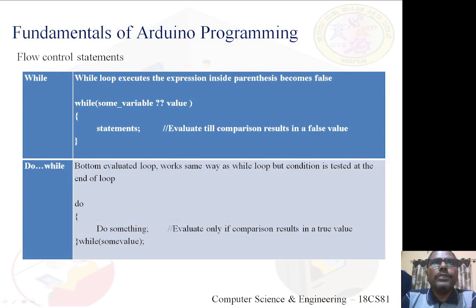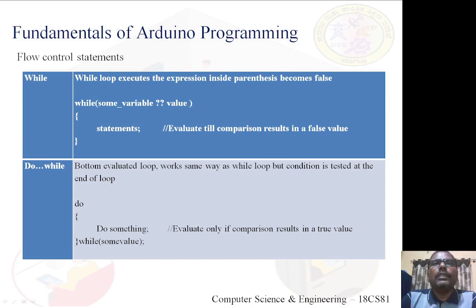Next, while, do while. We know what while does, it executes the expressions inside a parenthesis. That is, the while loop executes its body until the condition becomes false, or as long as the condition is true, the body of the while loop executes.